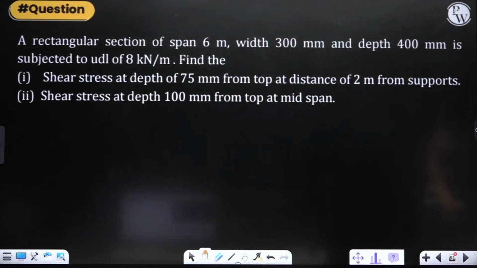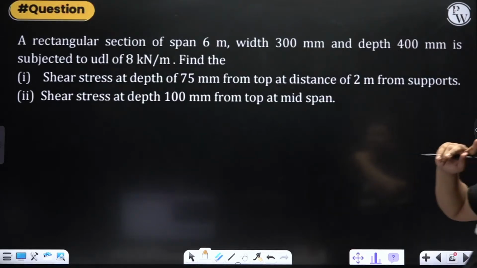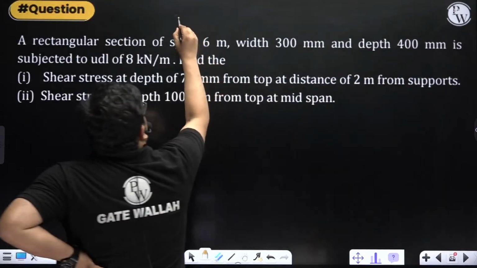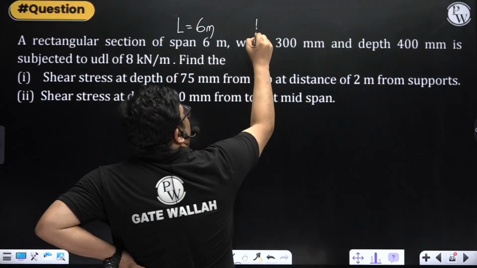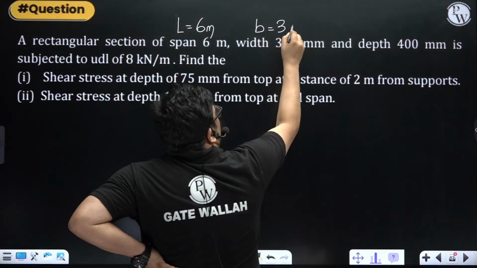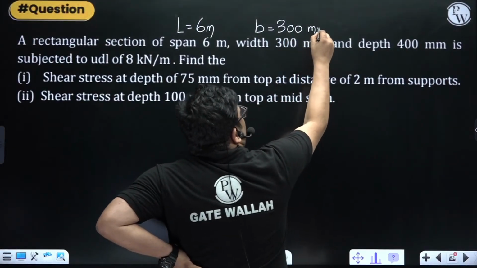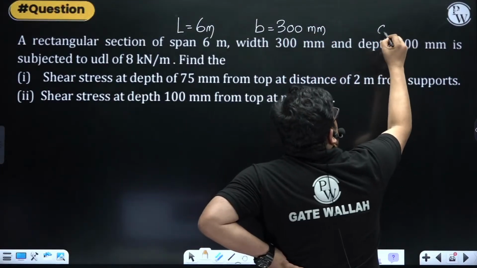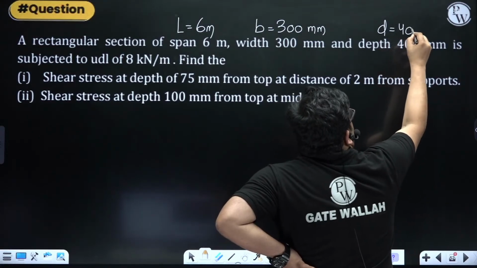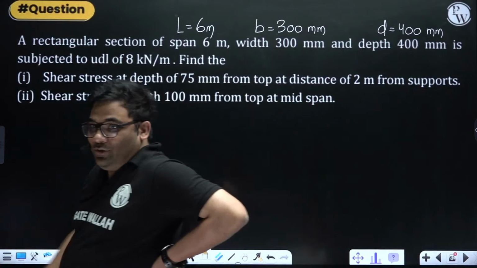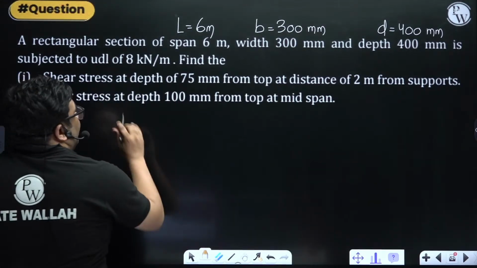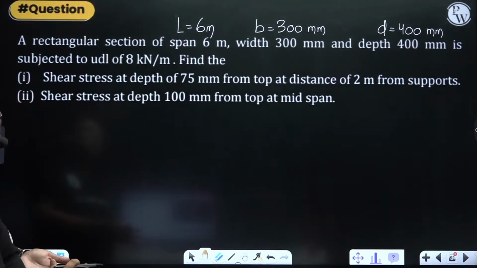A rectangular section of span 6 meter. Let us write all the data. Length is 6 meter. Width is 300 mm. Depth is 400 mm. Is subjected to UDL of 8.